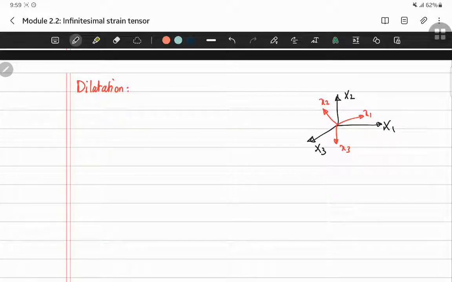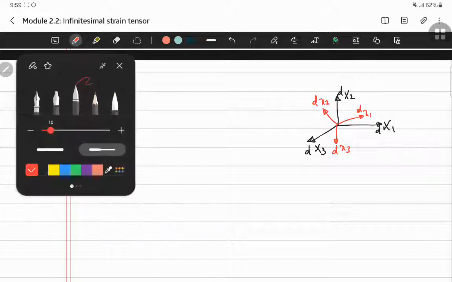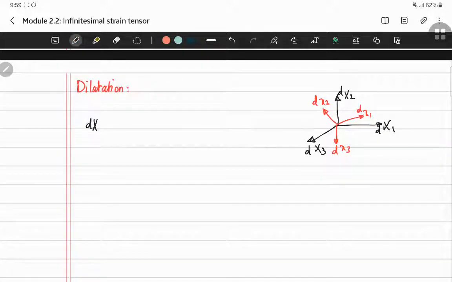Since we are talking about elements, we have dx1, dx2, and dx3. So dx1 is ds1 e1, dx2 is ds2 e2, and so on.